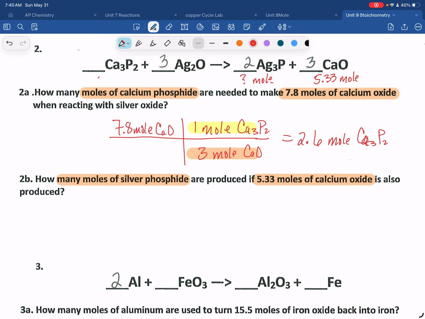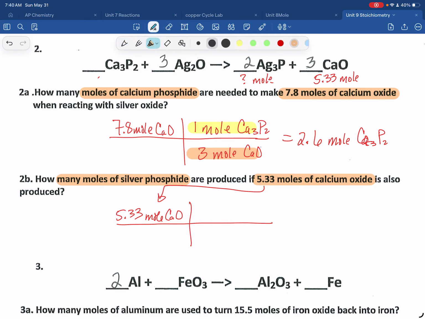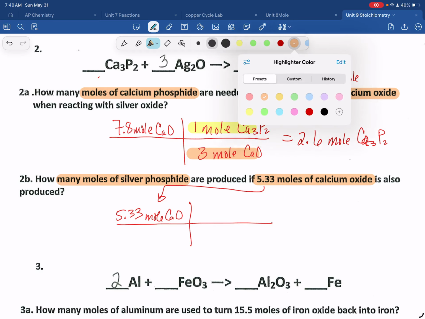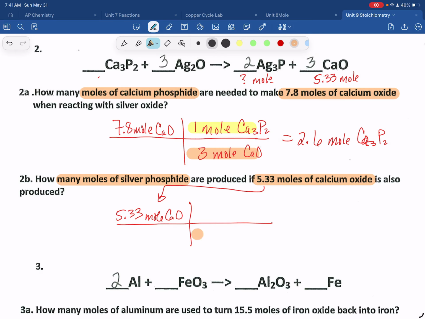Okay, so now when I set up my mole ratio, I'm going to be using the coefficients for these two substances. All right, so my starting number, as always, goes here. 5.33 moles of CaO. Now, my mole ratio. Down below is what I start with.